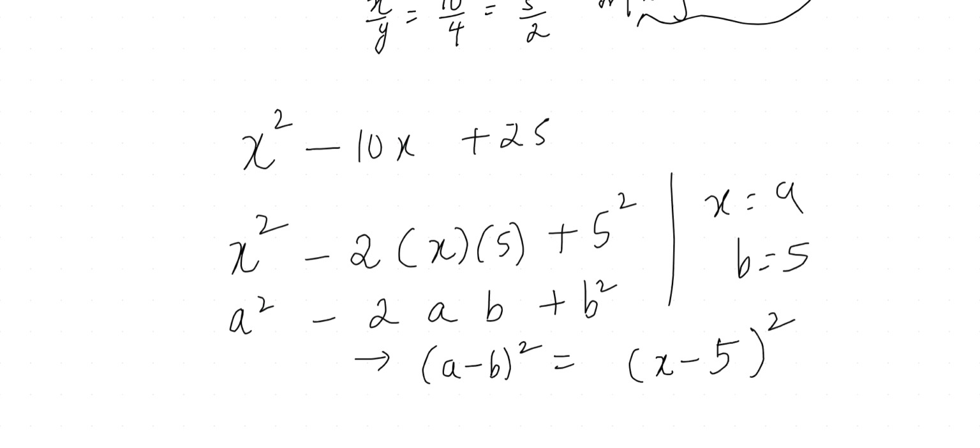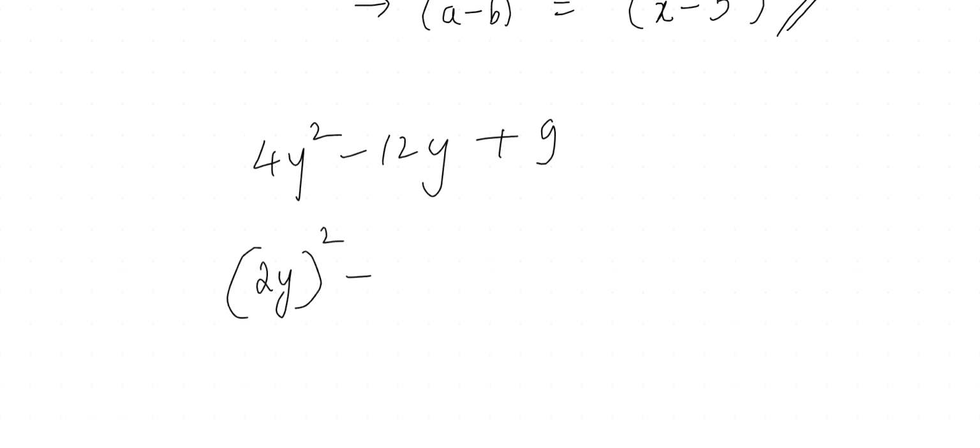Okay. So in MCQs, if you're getting something like this, you should be able to identify the square trinomials. I can ask you 4y square minus 12y plus 9. So I can write 4y square as 2y the whole square, minus 2 into a into b, b is 3, 2 into 2 into 3 is 12y.